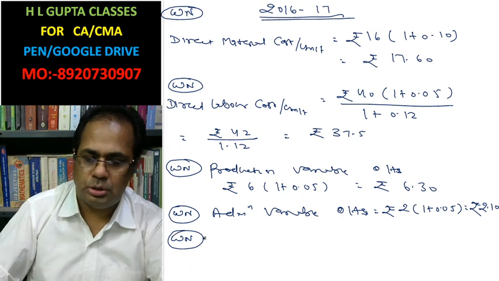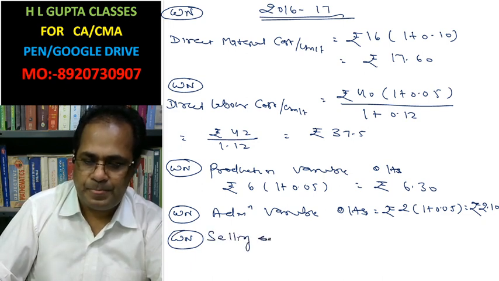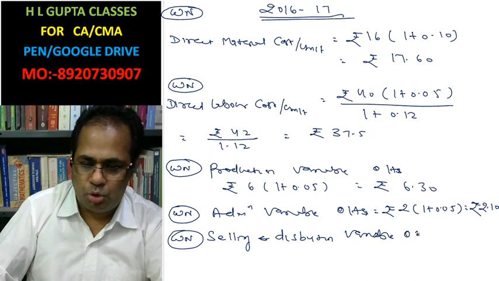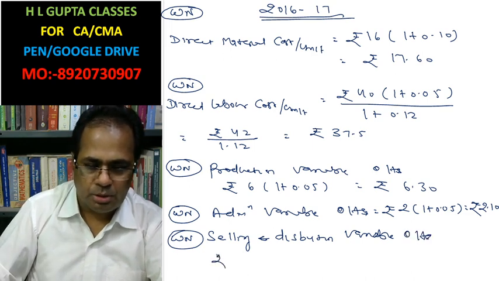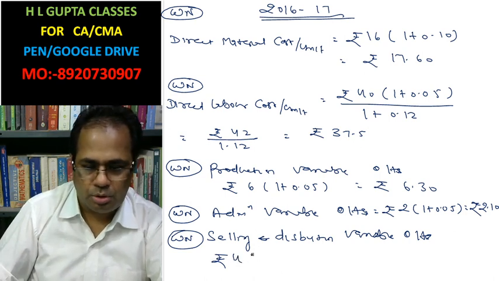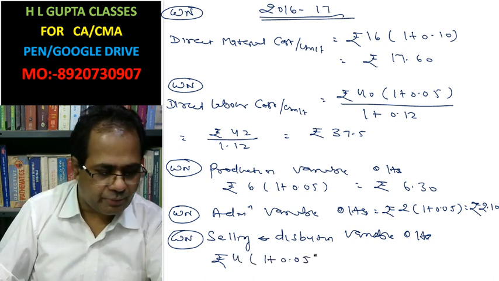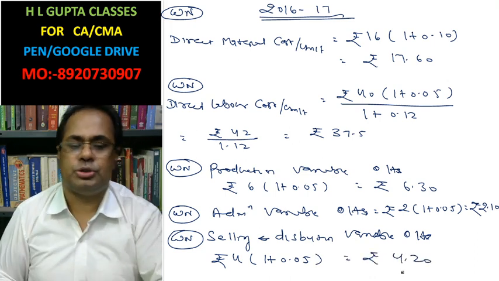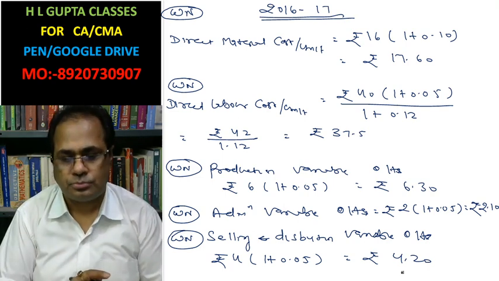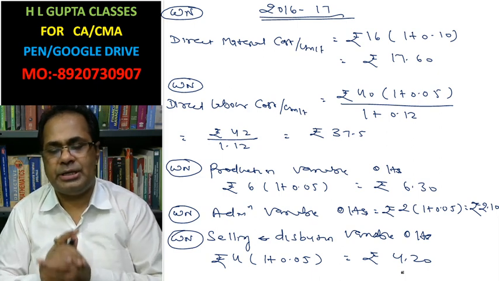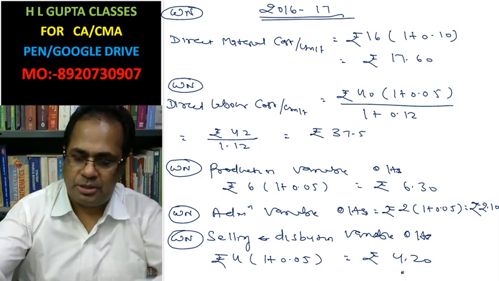Working note. Selling and distribution variable overheads. This is rupees 4. It is increased by 5%, so rupees 4.20. And fixed production overhead is increased by 33.33%.